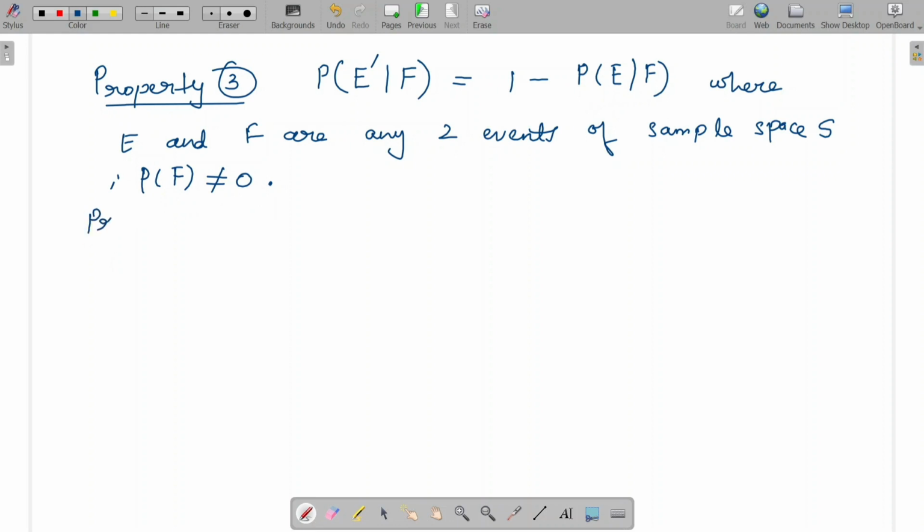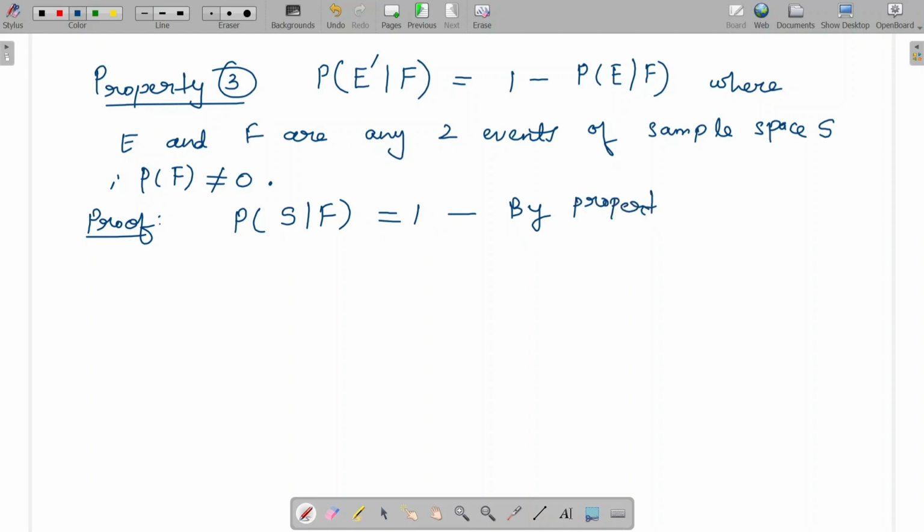So let us look at the proof. So probability of E complement such that F has occurred we have to find. So for this what we will do is we will consider probability of S such that F has occurred, which is 1. We have seen this by property number 1.